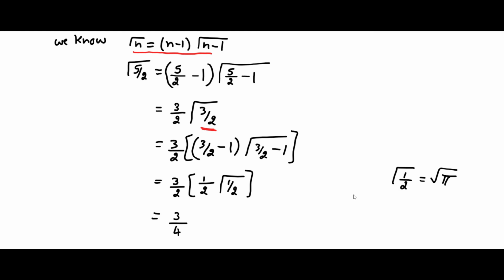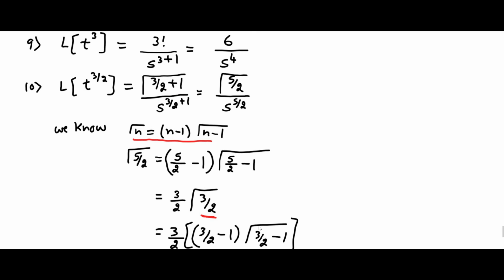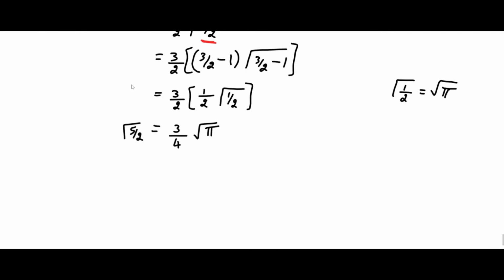Here I am taking the value directly: gamma of half is square root of pi. So we got the value of gamma of 5 by 2 to be 3 by 4 times root of pi. If I substitute that value back over here, I will get the required solution.